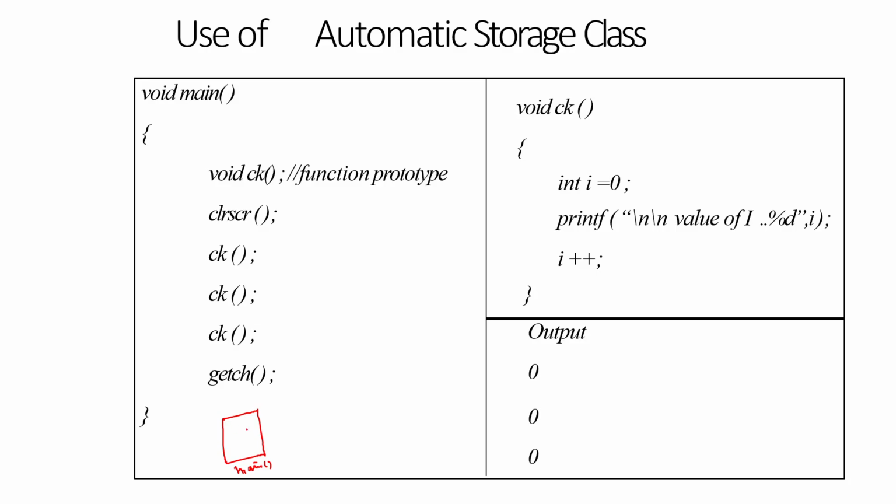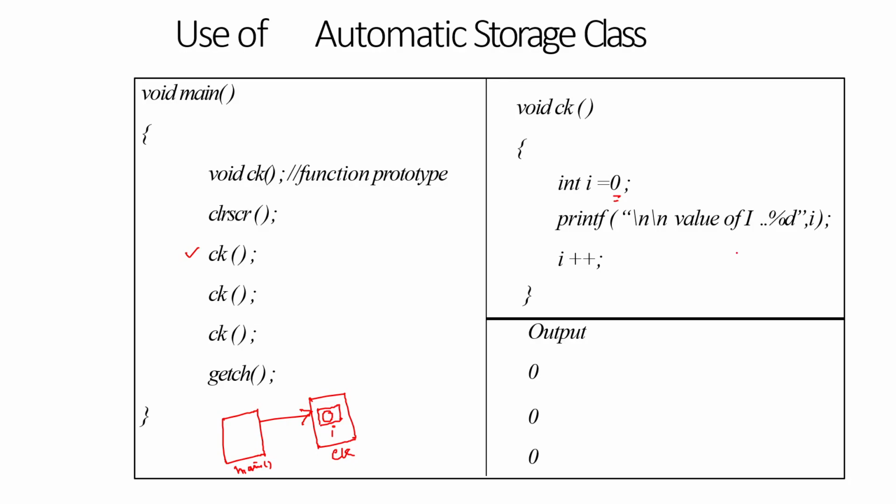What happens when main calls the function ck? At that time the memory for ck will get occupied, so a memory location will be created for the variable I, whose value will be initialized to 0.